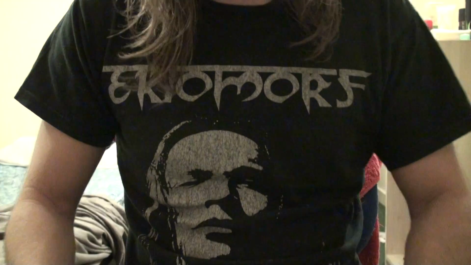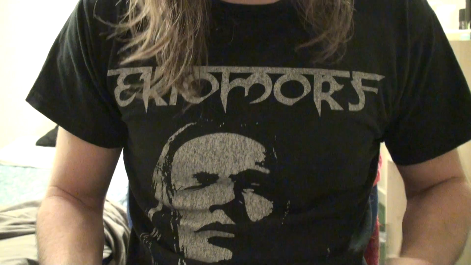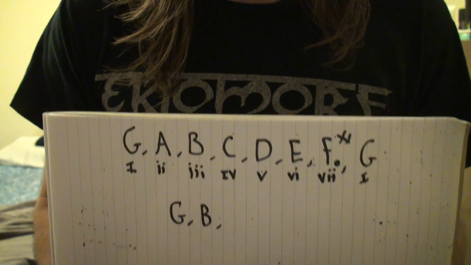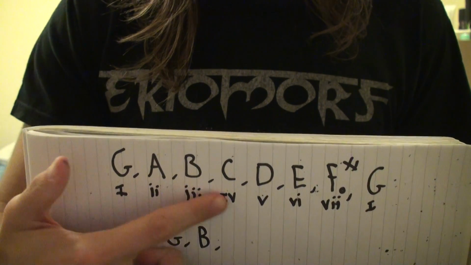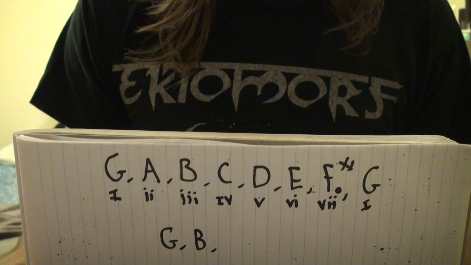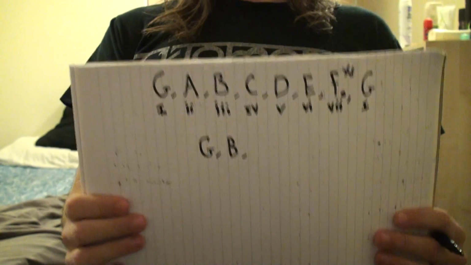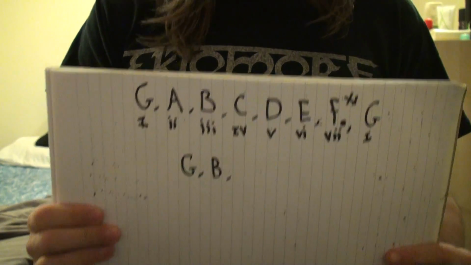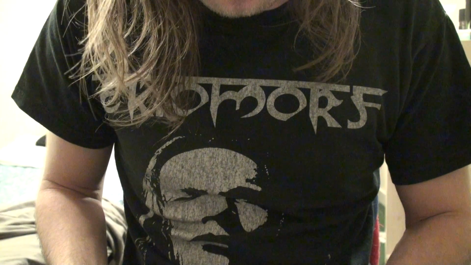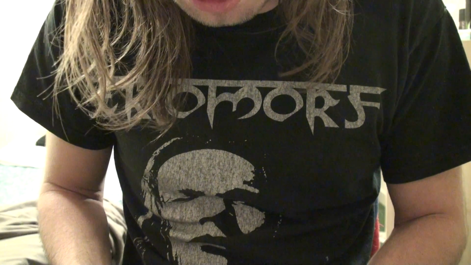So we know the next note is B. From B, we should have 1.5 tones till our next note. So B to C, 1 note, C to D, C, C sharp, that's 2 notes. Together that's 3 notes, that's 1.5. So that is our next note, D. If you play these notes together, you are playing a G major chord.